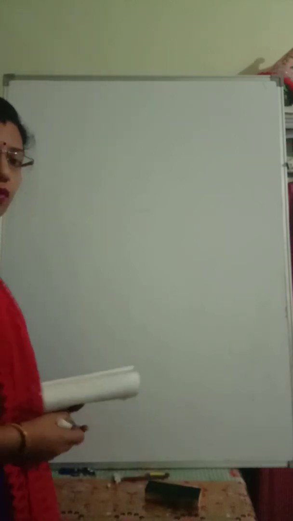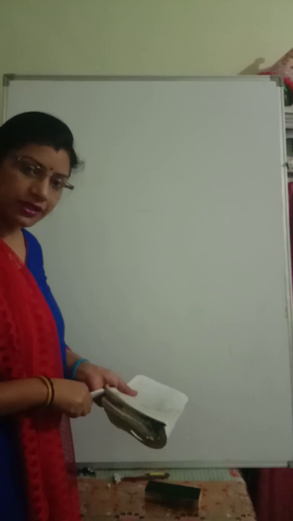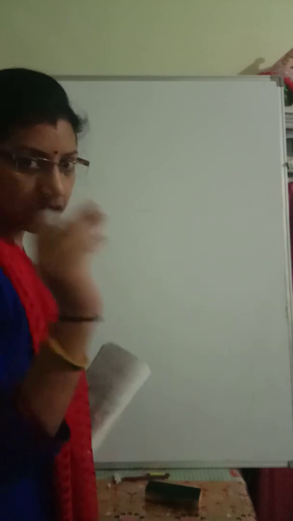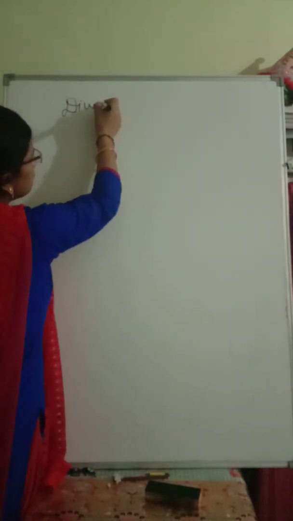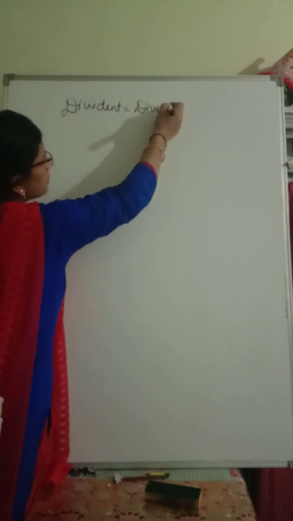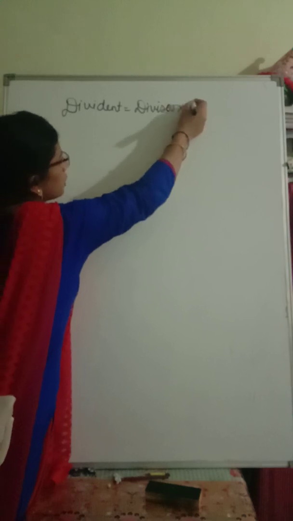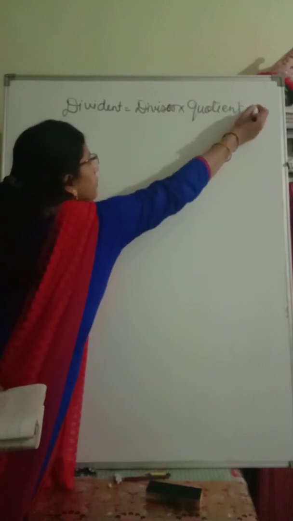Dear students, as we have done exercise 2.2 in the previous video, now we will start exercise 2.3. For exercise 2.3, you need the division algorithm. Everybody knows what the division algorithm is: dividend is equal to divisor into quotient plus remainder.